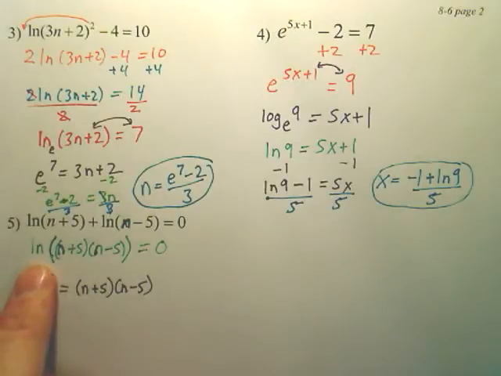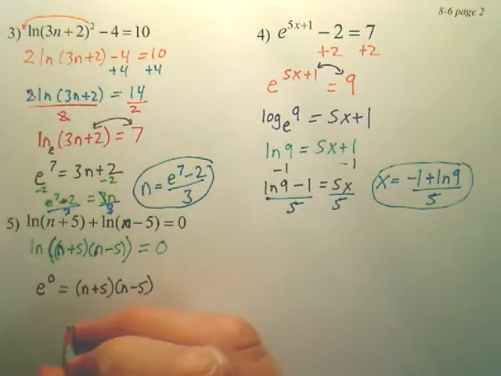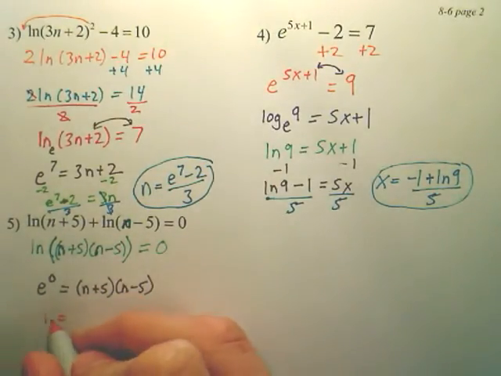Again, you write e in front because that's the base, and you switch the 0 and this binomial times a binomial. Anyways, what's e to the 0? e to the 0 is 1.